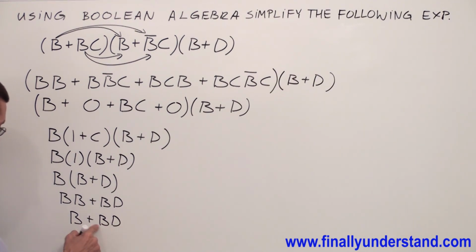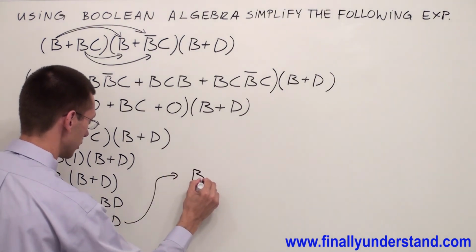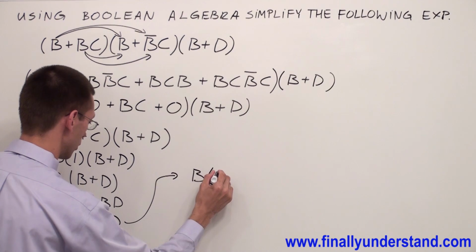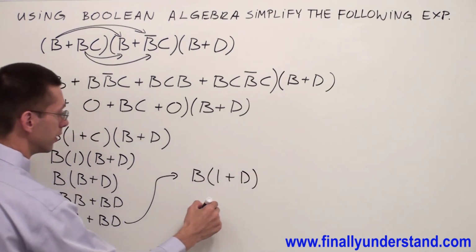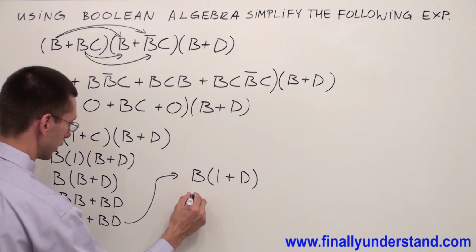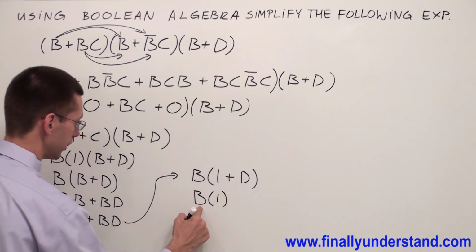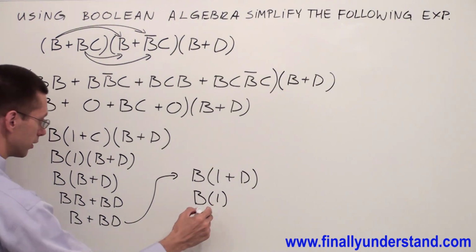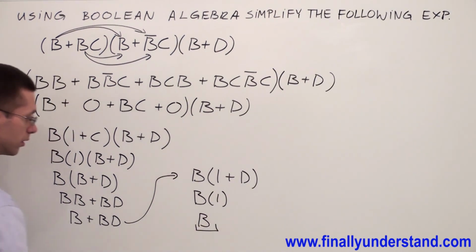I can factorize right now b, and I'm going to end up with b times 1 or d. Anything or with 1 is always equal to 1. That's why I have b times 1. b and 1 is equal to b. And this is my solution.